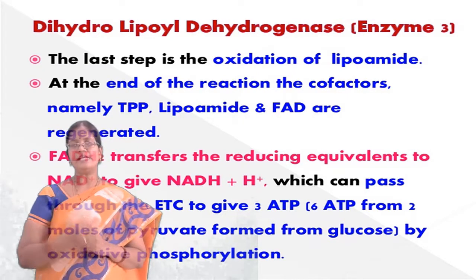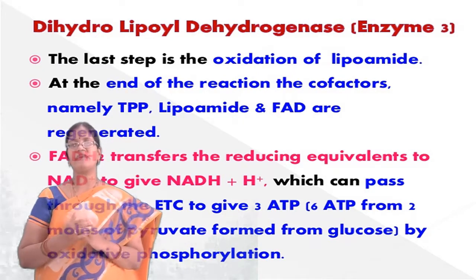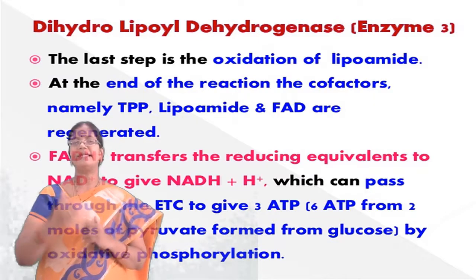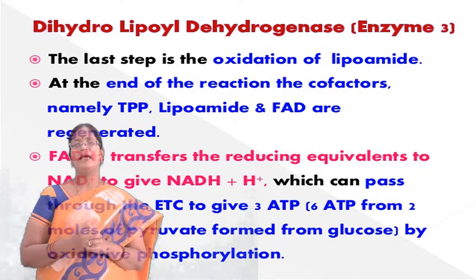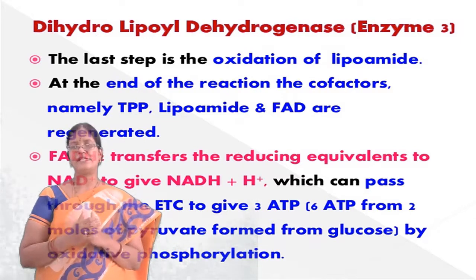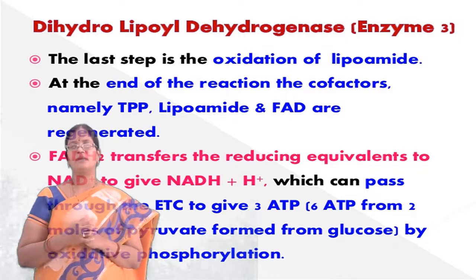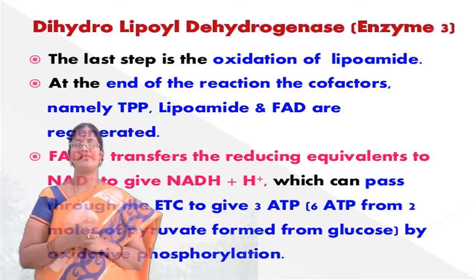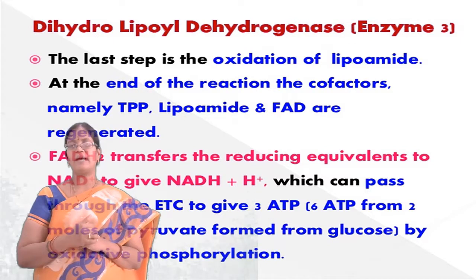The FADH2 transfers the reducing equivalents to NAD plus to give NADH and H plus. And then this NADH passes to the electron transport chain to generate 3 ATPs. So from one pyruvate, 3 ATPs are generated.